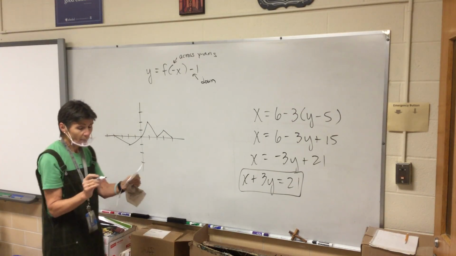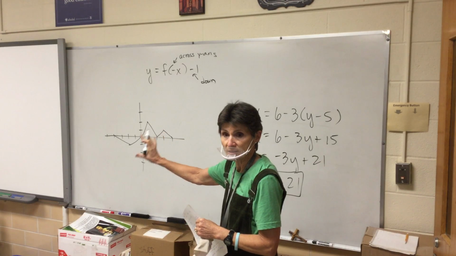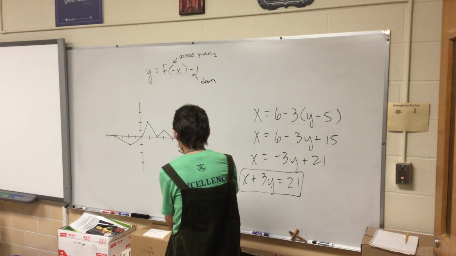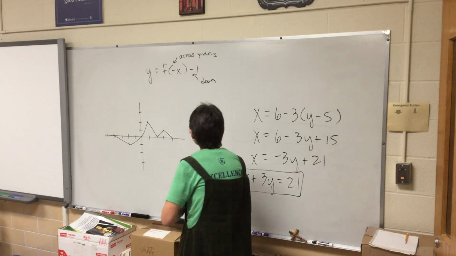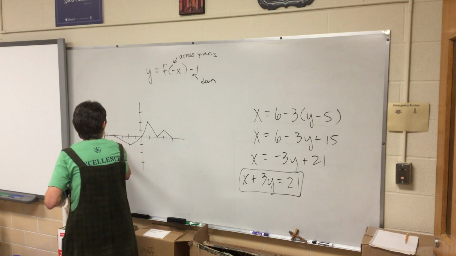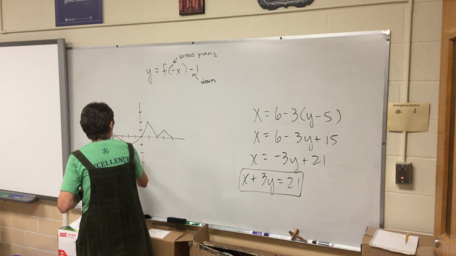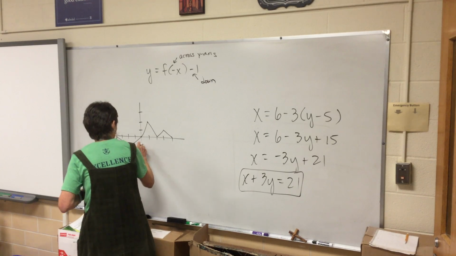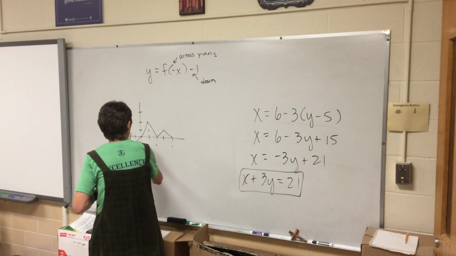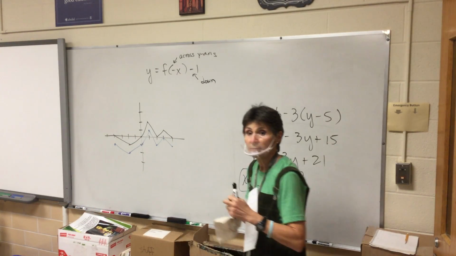So there is my picture reflected across the y-axis. Now I'll take that and move it down 1. It's easier on the grid to do that. So the blue would be the answer.